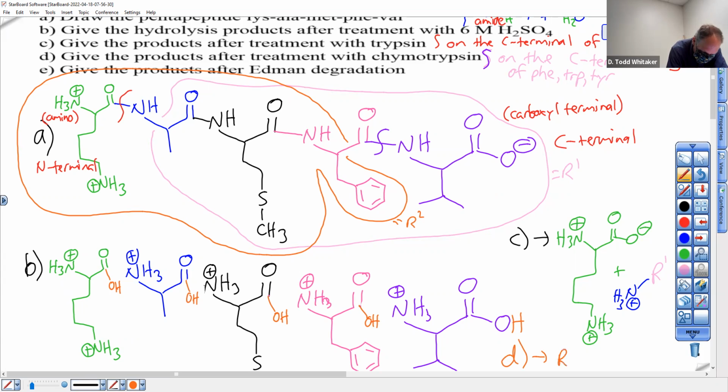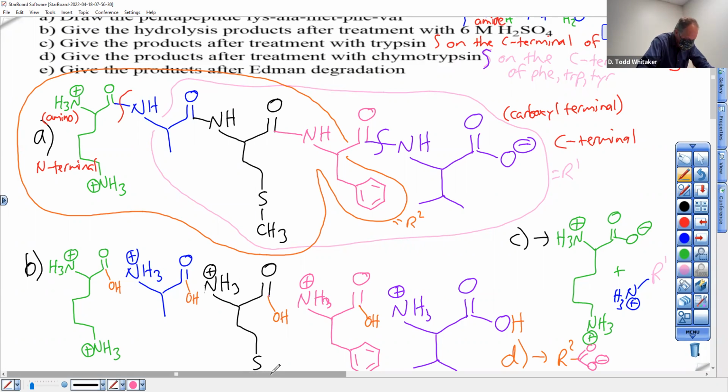So D gives R2 attached to carbonyl attached to O minus. Hydrolysis. It's still hydrolysis, just very specific hydrolysis.